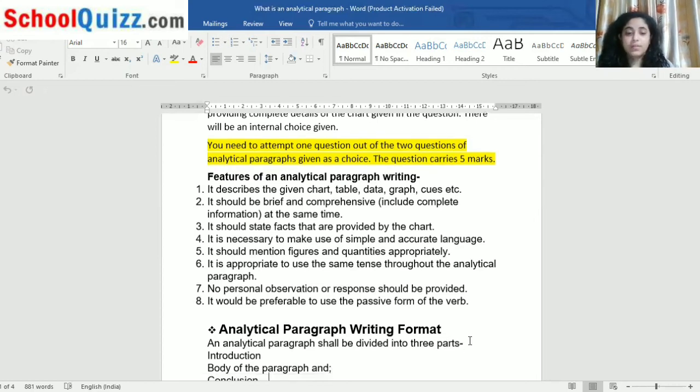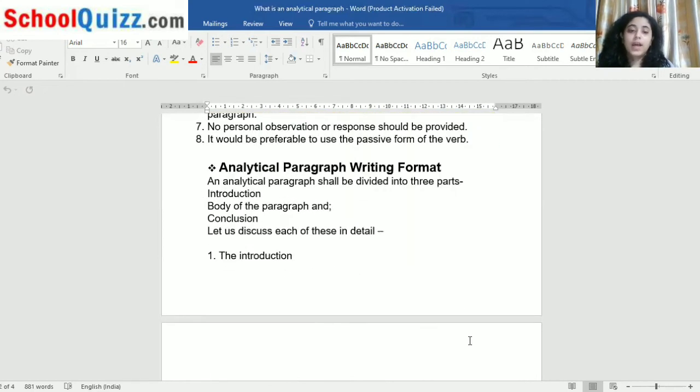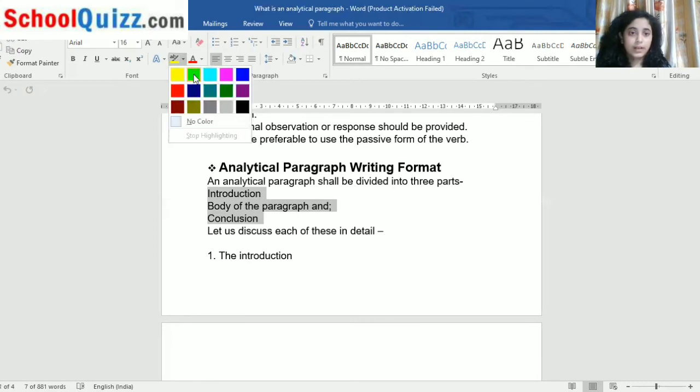So how is the analytical paragraph written? We'll first study the headings. An analytical paragraph shall be divided into 3 parts. I'll highlight that for you.